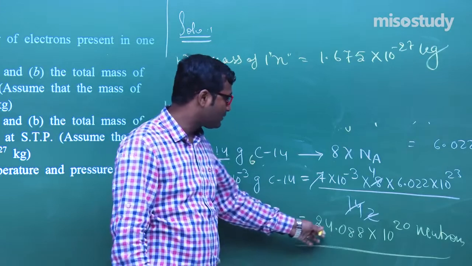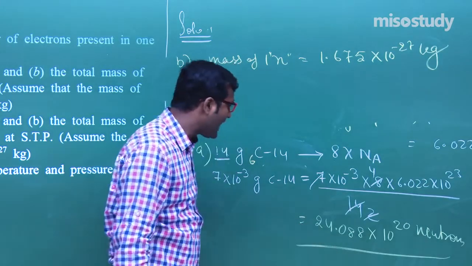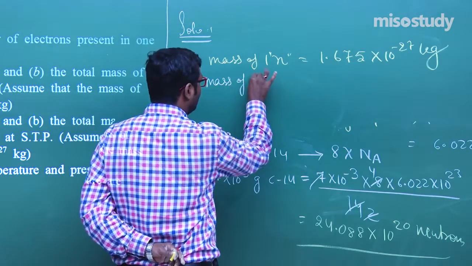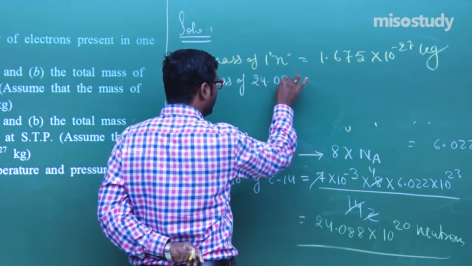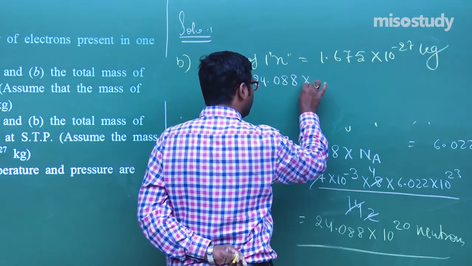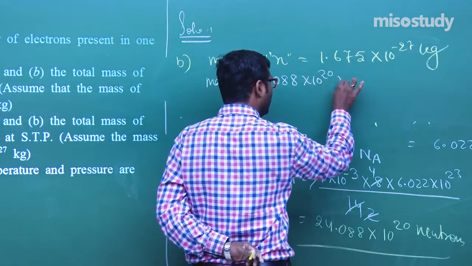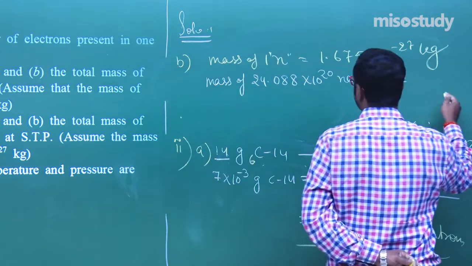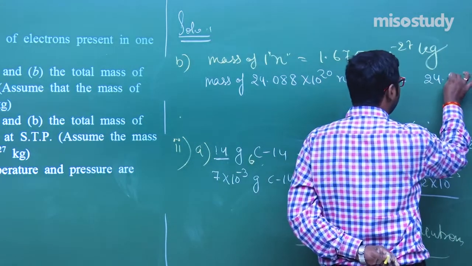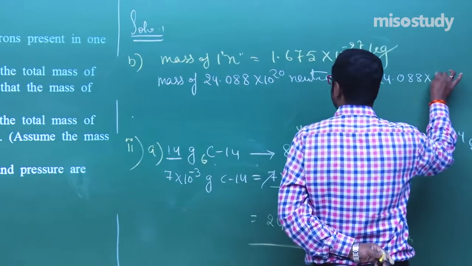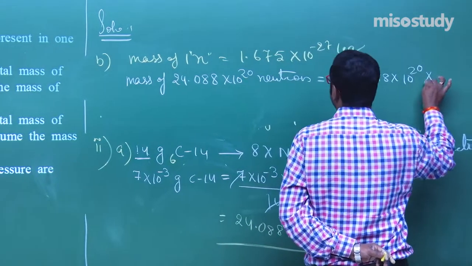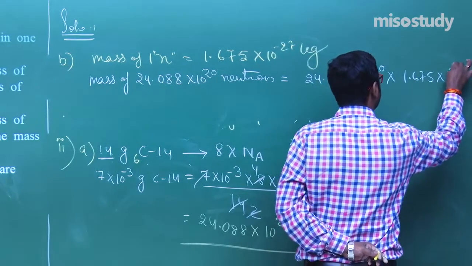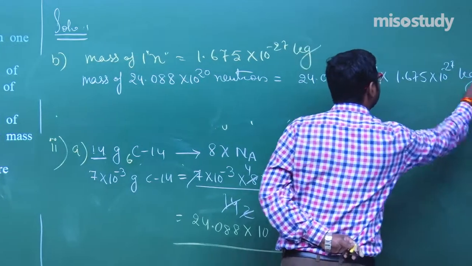So the mass of 24.088 into 10 to the power 20 neutrons will be equal to 24.088 into 10 to the power 20 multiply 1.675 into 10 to the power minus 27 kg.